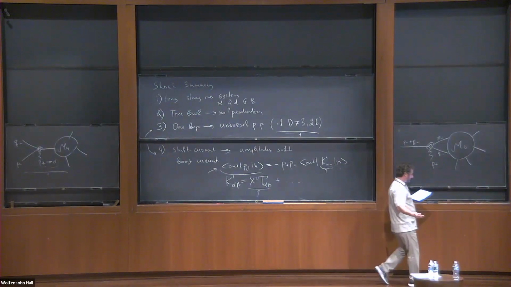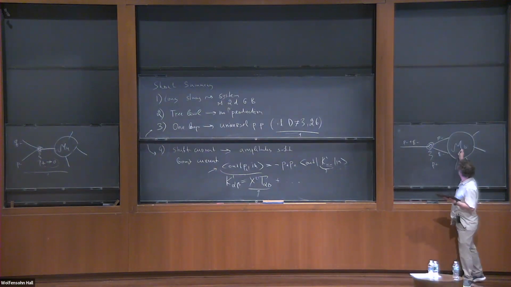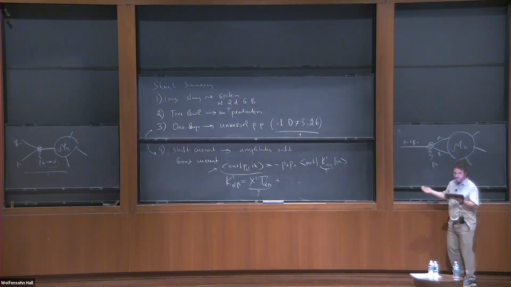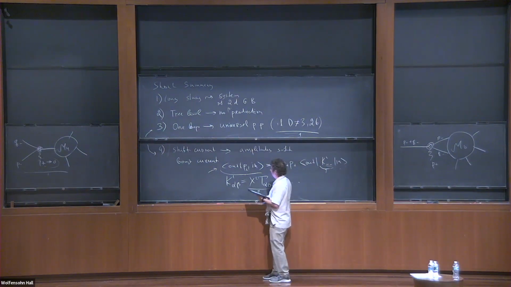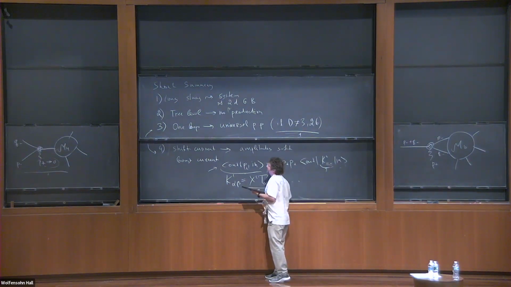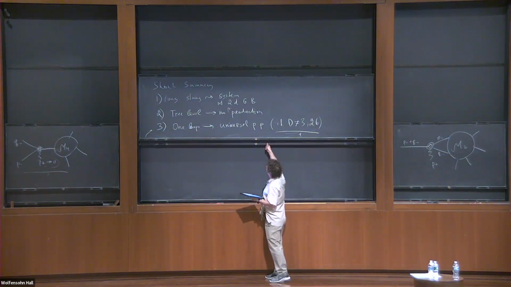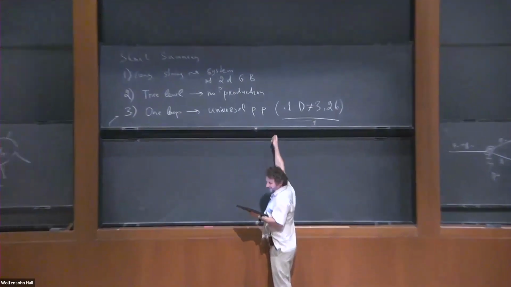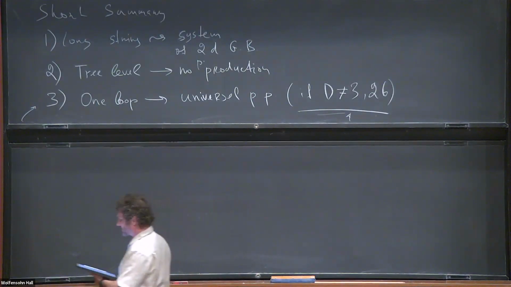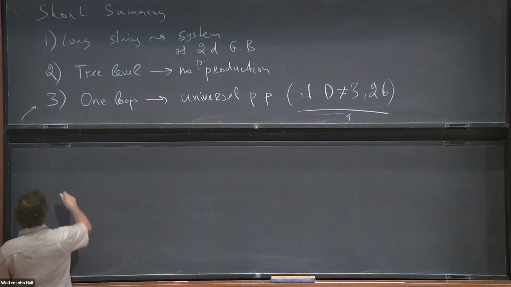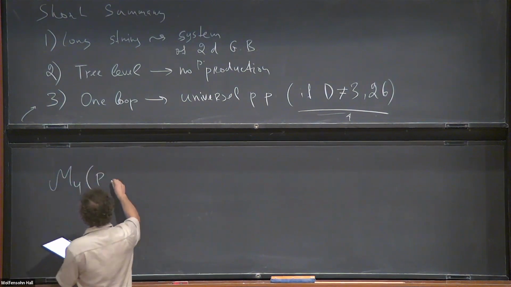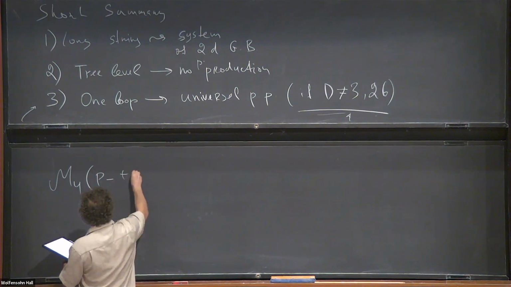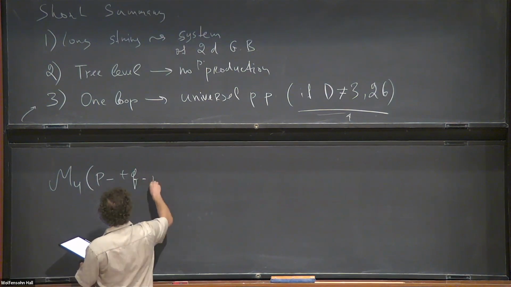But now for a theory to be integrable, we know that the 6 particle amplitude should be a square of the 4 particle amplitude. So imposing that the non-double soft part of the S matrix doesn't lead to particle production gives rise to an equation just on the 4 particle amplitude on its own, which let me write here.